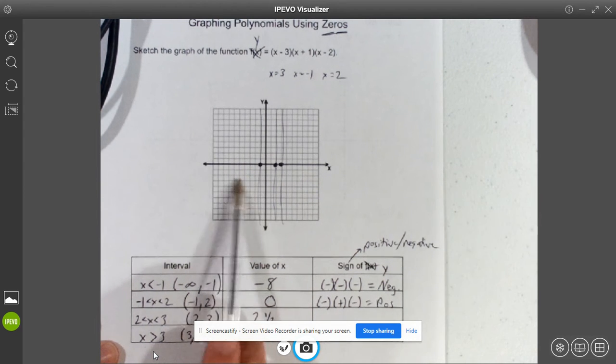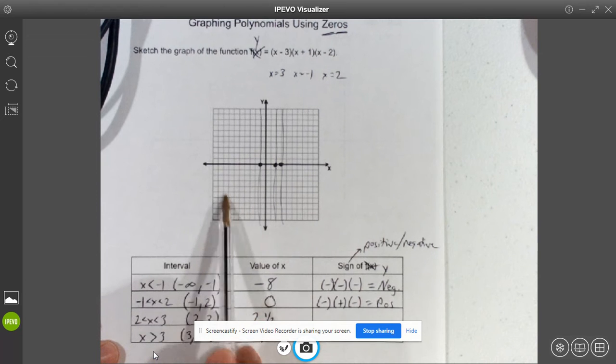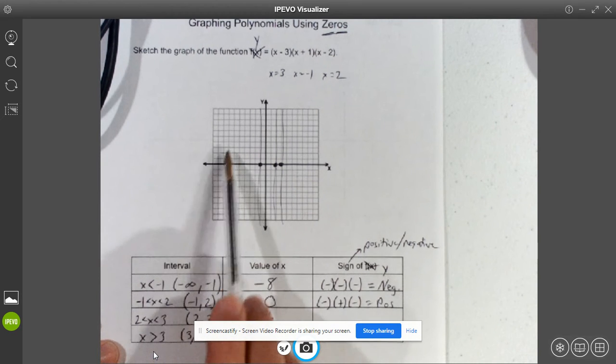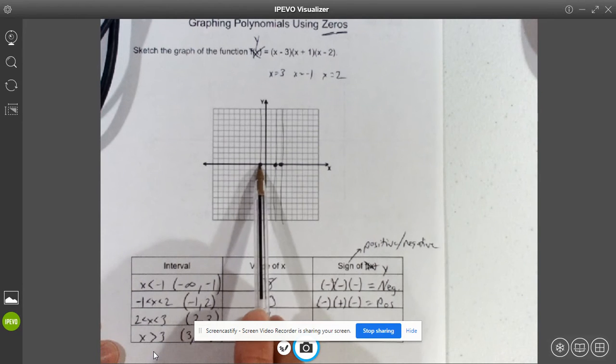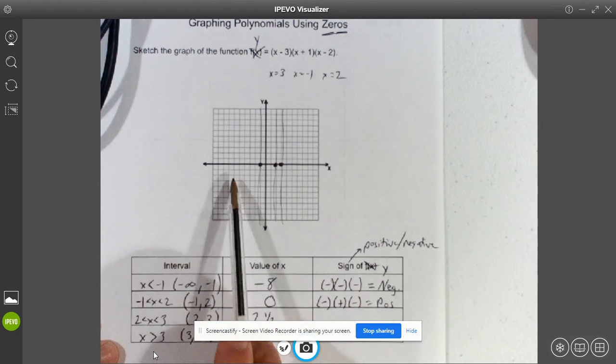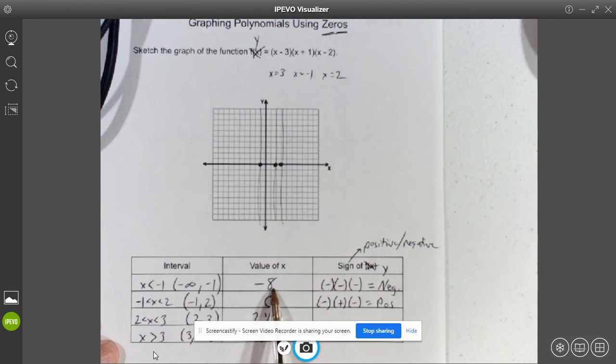For everything out here, this graph has to be down here because it can't go back and forth. The only way to go back and forth is to go through the x-axis, and I know it doesn't go through the x-axis until it gets right there. So by figuring out that y is negative when I put in -8, that means y is going to be negative for all of these numbers out here.